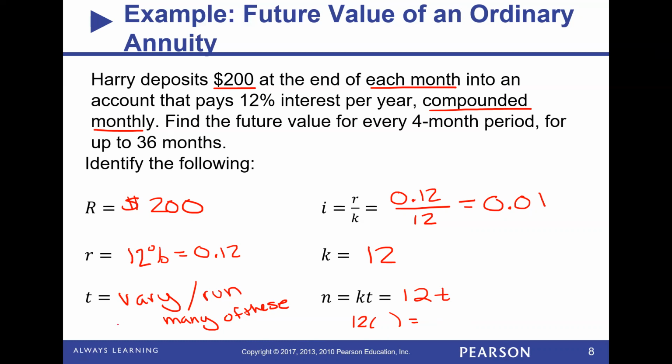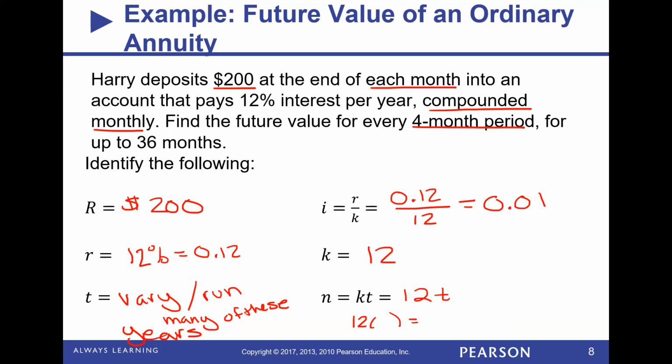This is going to vary, but time is always in years. When I say a 4-month period, that's not 12 times 4. I'm not doing 48 payments within 4 months. No. I'm only making 4 payments, right? So when we talk about things like this, T is always in years.